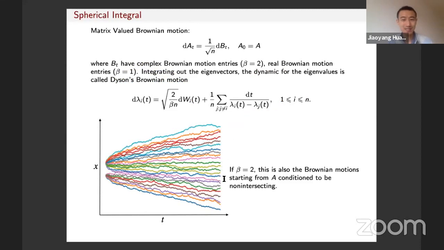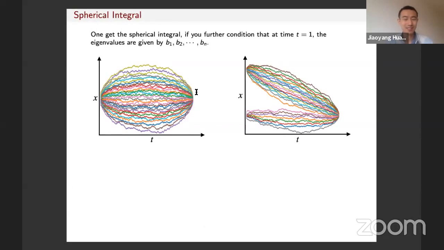This case you basically can only converge at infinity. The particles behave like square root t. Here you don't condition on the endpoint.